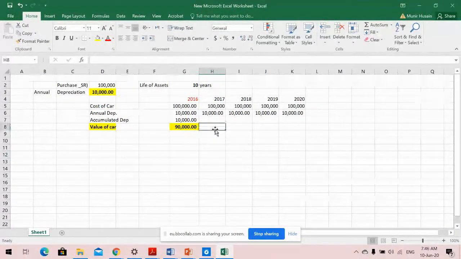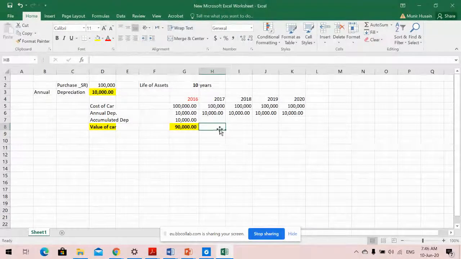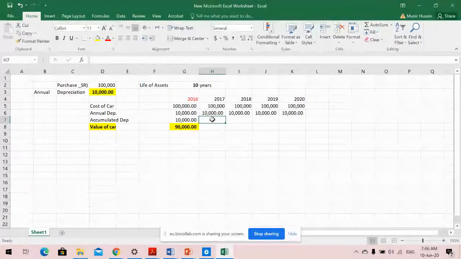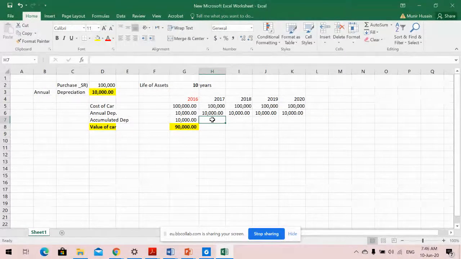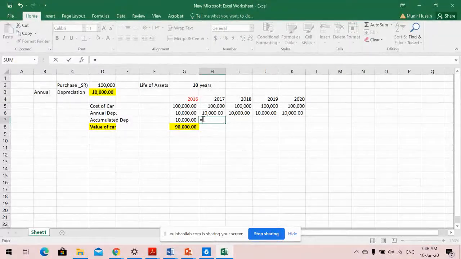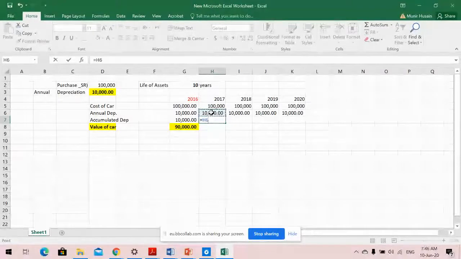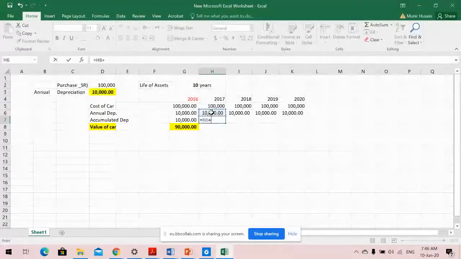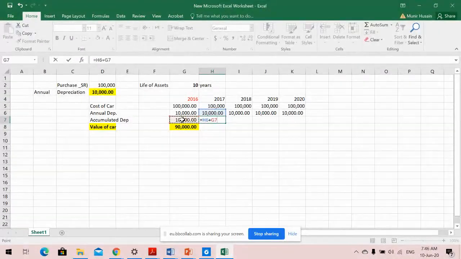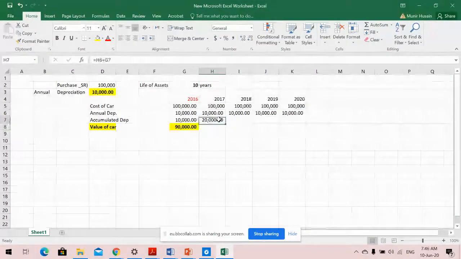For 2017, we know that it is 100 minus 20, right? But what is 20? First we need the total depreciation. What is the total depreciation? It is the depreciation of 2017 plus the depreciation for the previous year. So now total depreciation is 20,000, right?